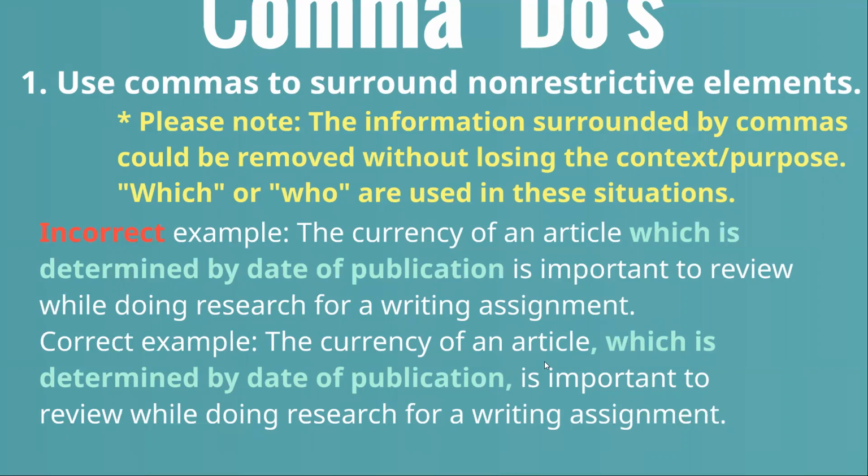The non-restrictive element, which is determined by date of publication, supplements that by telling you there's also a date of publication, which is where you can find the currency. So the central meaning, even with that taken out, is still emphasized. As you go through your writing and you see a situation like this, ask yourself if this is an extra but necessary bit of information within that sentence. And if it is, surround it with commas.